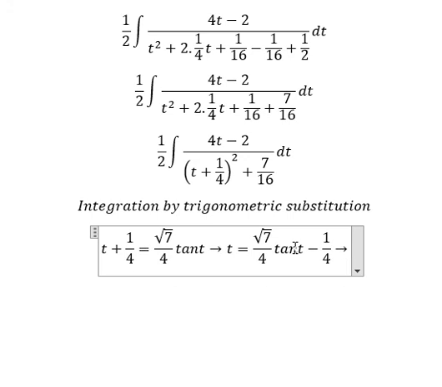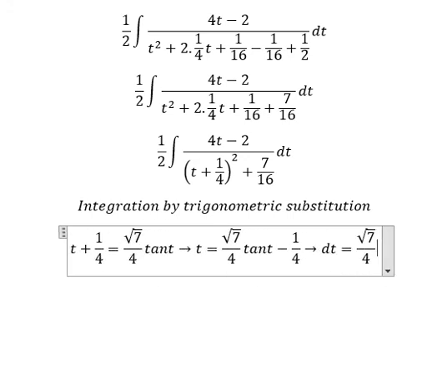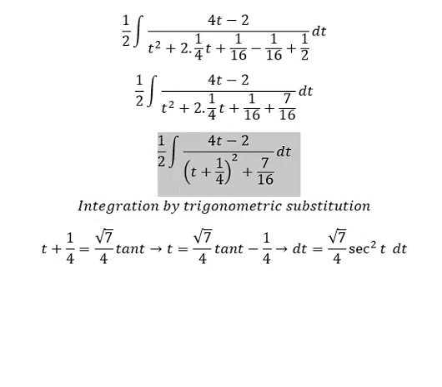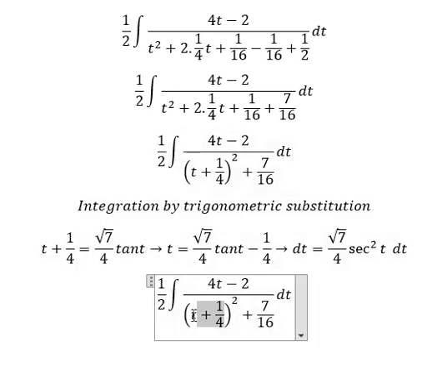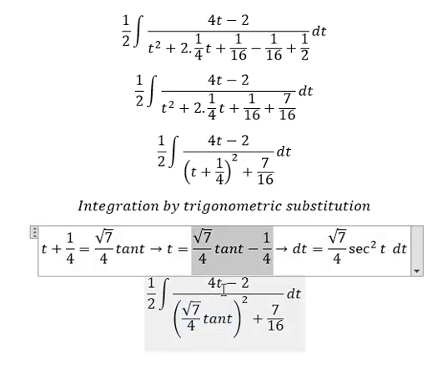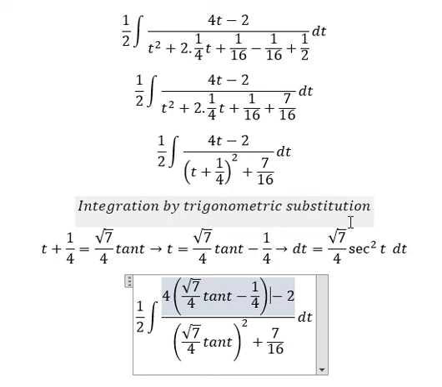Next, we do the first derivative for both sides. So we put this one in here. T, we change for this one. dt, we change for this one.